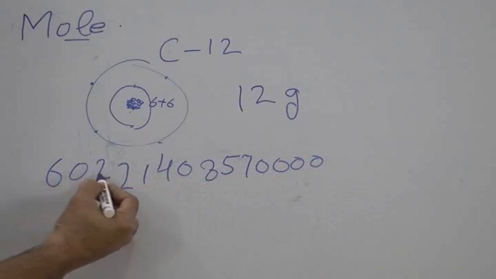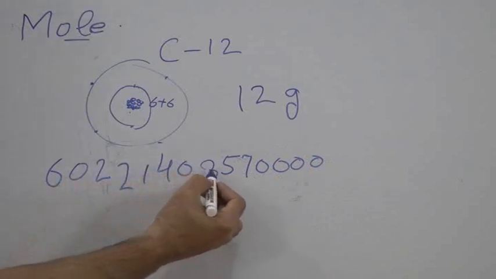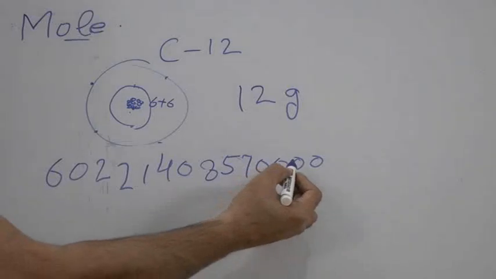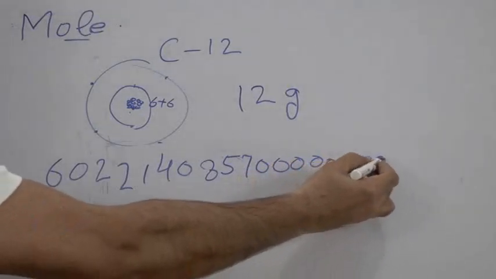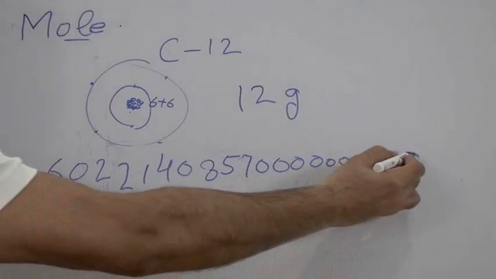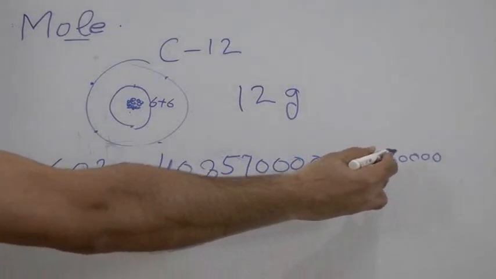So 1, 2, 3, 4, 5, 6, 7, 8, 9, 10, 11, 12, 13, 14, 15, 16, 17, 18, 19, 20, 21, 22, 23, 24, this much.